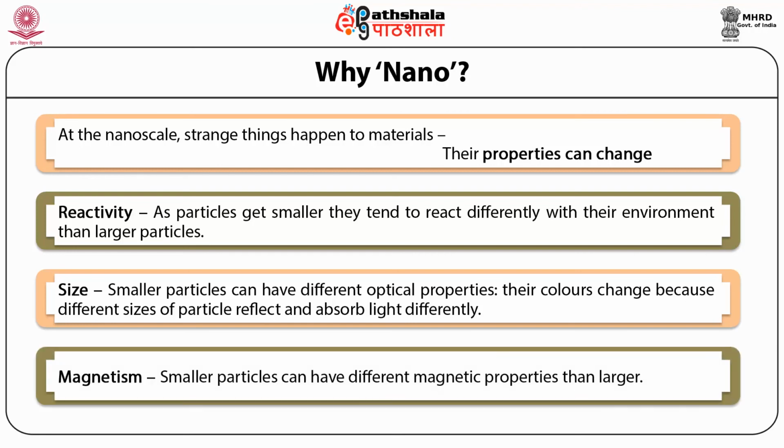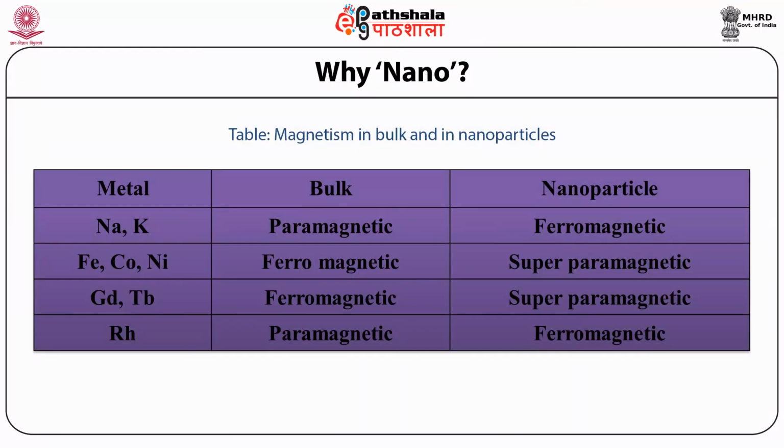Next is magnetism. Smaller particles can have different magnetic properties than the larger ones. According to this table, the magnetism in bulk and in nanoparticles are tabulated. Sodium, in bulk, is paramagnetic, and when we prepare the nanoparticle, it becomes ferromagnetic.